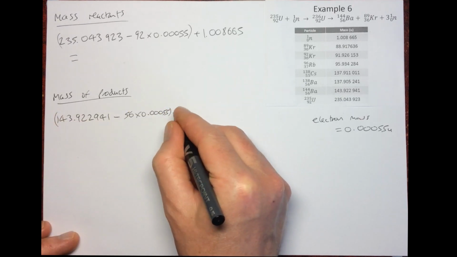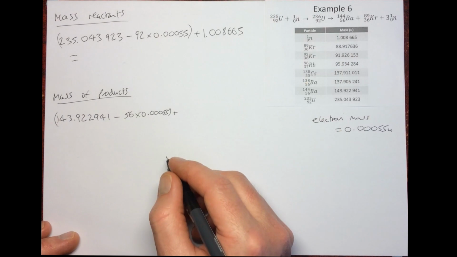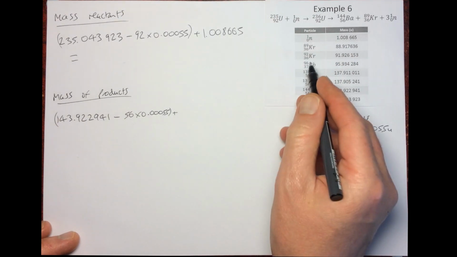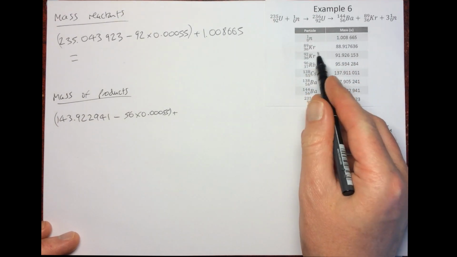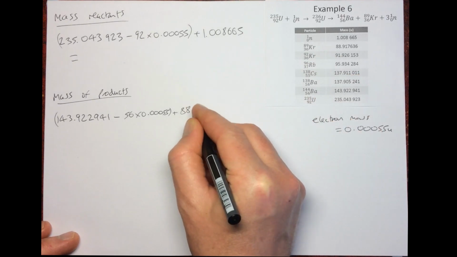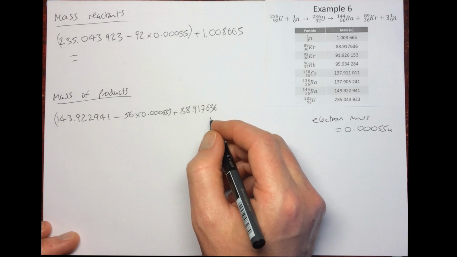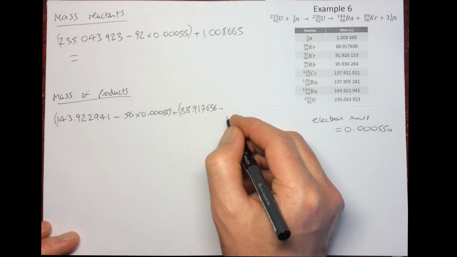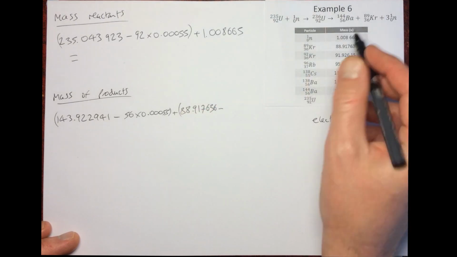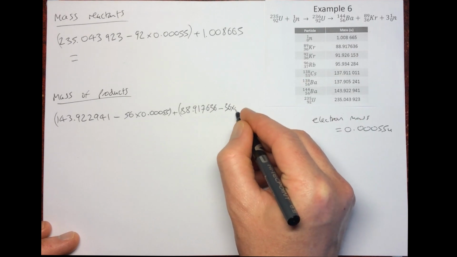Then you're going to add on the mass of the krypton atom, 88.917636, minus the mass of the 36 electrons.